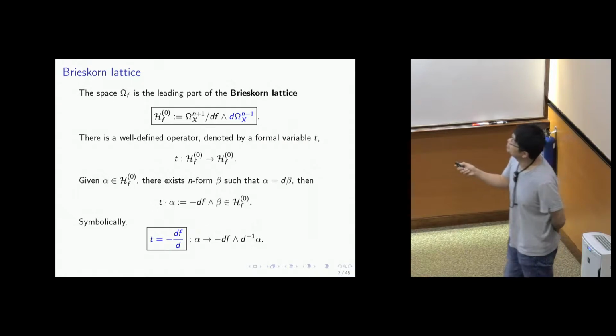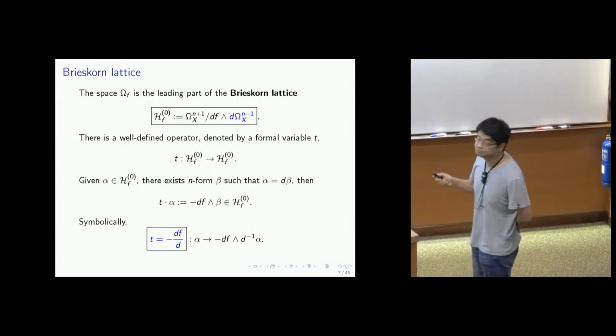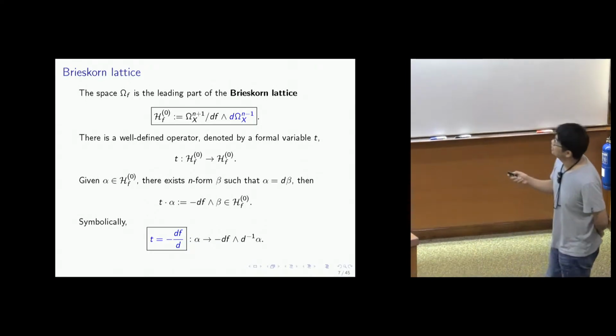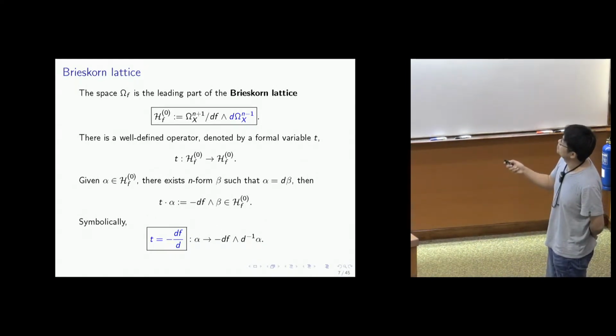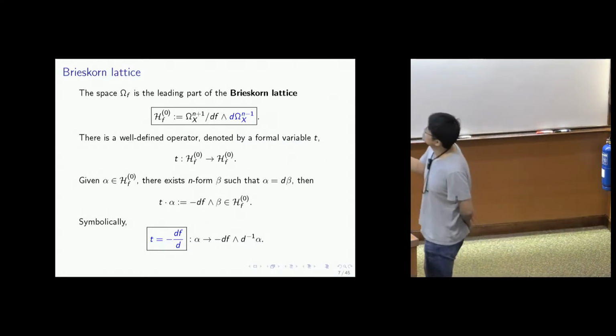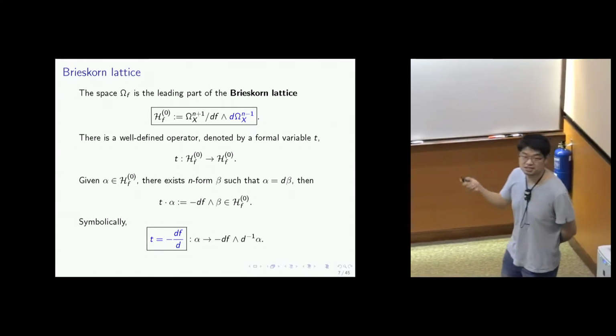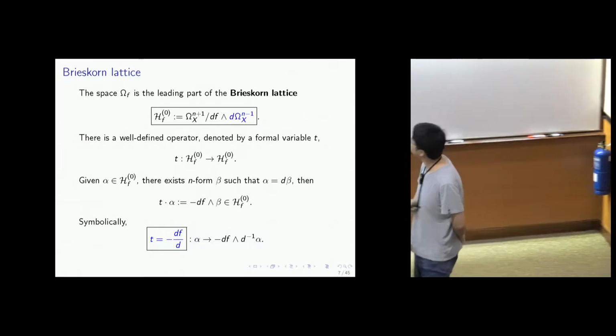Then we define the T operation by sending alpha to beta wedge minus df. Symbolically, you can visualize this operator as d inverse and wedge df. It is an interesting exercise to check that this is well defined on the space, and that is a very essential operation.